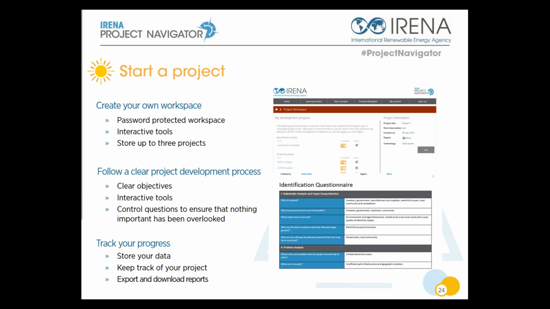You will then have the different templates, checklists, financial models, and documents available that you can put together for your bankable project proposal. Also, the progress tracking is very important for you to make sure that you don't miss anything which is important for the bankability of your project, and it helps us to understand better how people are working with this platform.